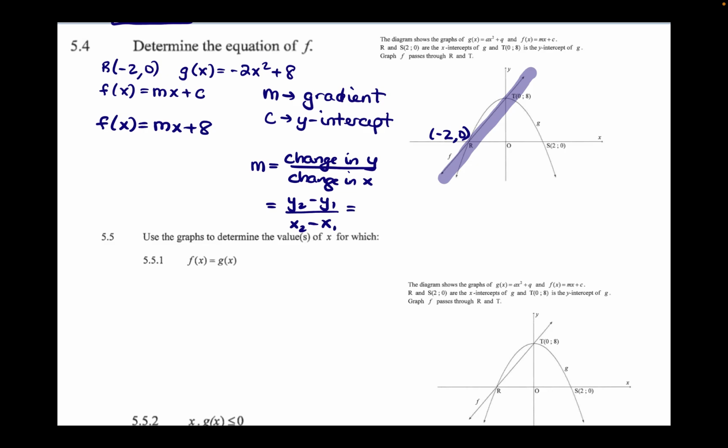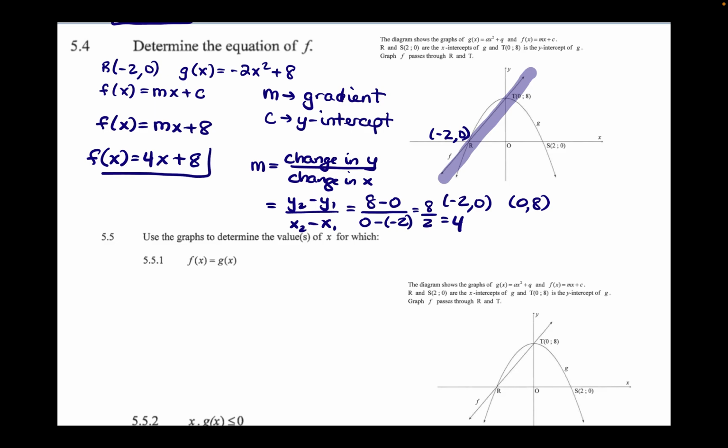So in this case, we have the 2 points negative 2, 0 and 0, 8. So I can say 8 minus 0 over 0 minus a negative 2. That gives me 8 over 2, which is 4 for our gradient. So our equation for f of x would be 4x plus 8.